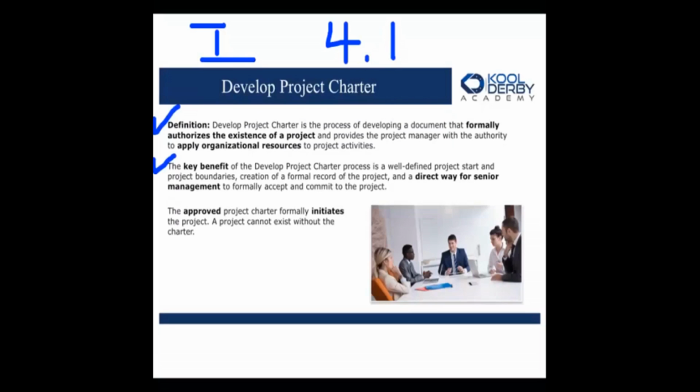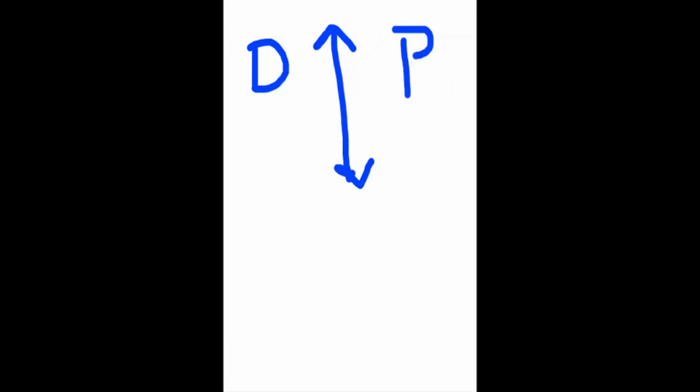All right, so here it is. Develop Project Charter is the process of developing a document. Those of you who remember from classes I've taught know there are documents and what else? I'll give you a hint. Starts with a P. Processes. Close. Plans. Thank you, Barry.